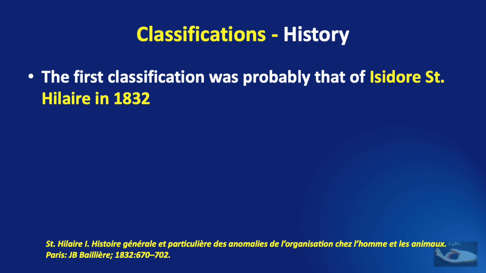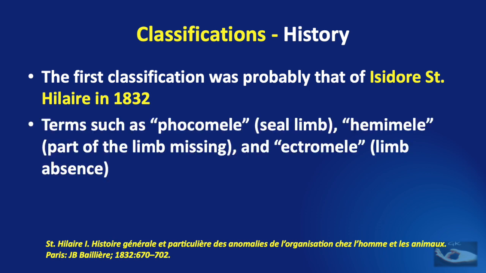Attempts at making classification systems for congenital hand differences have been going on for many years. Perhaps the first classification system was probably that of Isidore Saint Hilaire in 1832. In this system, terms such as phocomele or seal limb, hemimele or part of limb missing, and ectromele, limb absence, were used.